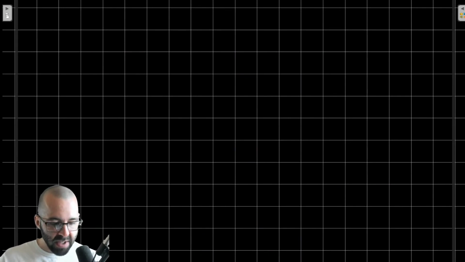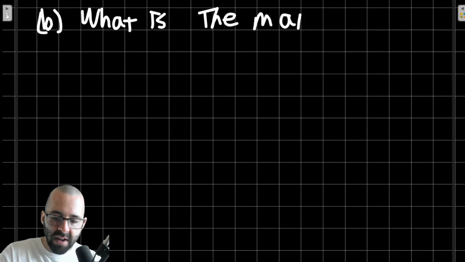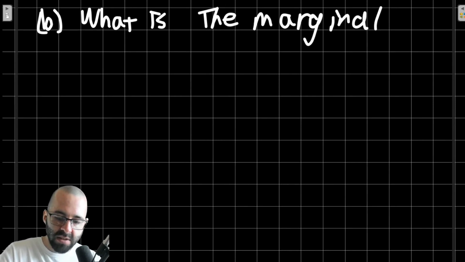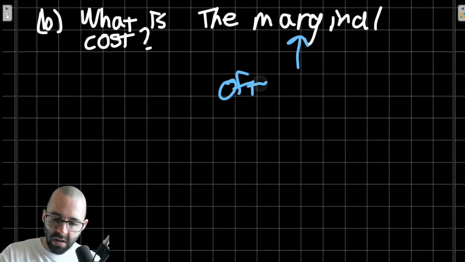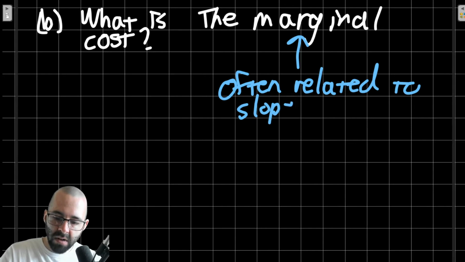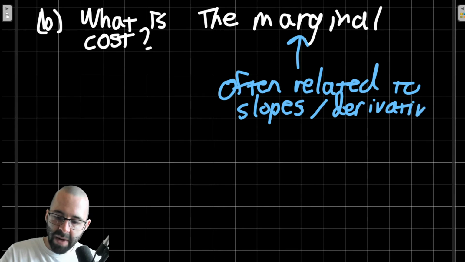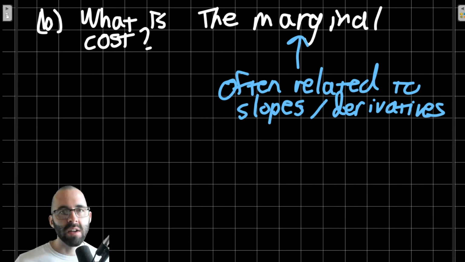Part B says, what is the marginal cost? So I already answered that, but a lot of times we're going to associate marginal cost with two things in this class. A lot of times marginal cost has to do with slope or derivatives, which we haven't talked about yet. And really, this is the same thing, because a derivative, which we haven't gotten to yet, is essentially just a slope.